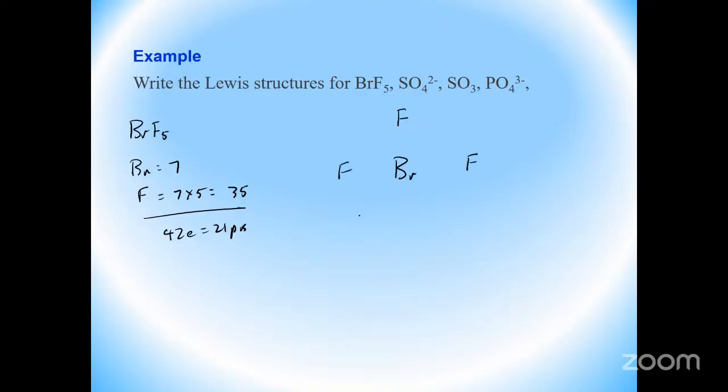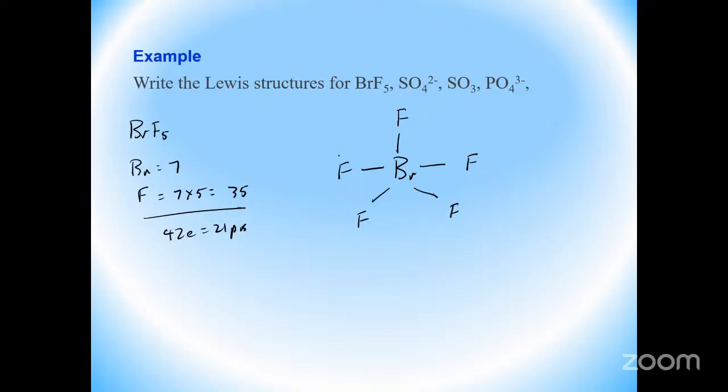I don't remember if I said this when I introduced Lewis structures, but when it comes to drawing Lewis structures, we are not concerned about the shapes of the molecule. All we're concerned about is how the atoms are connected to each other and the different numbers of bonding and non-bonding pairs. So it doesn't matter how you surround the bromine with fluorine. We put the bonding pairs first: 1, 2, 3, 4, 5.